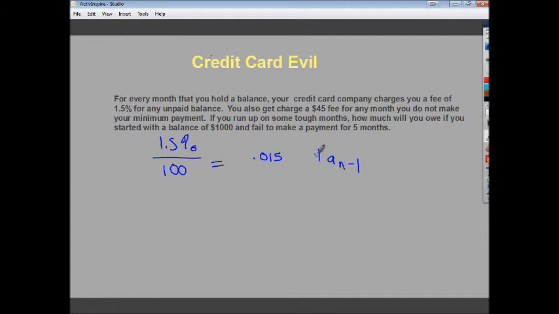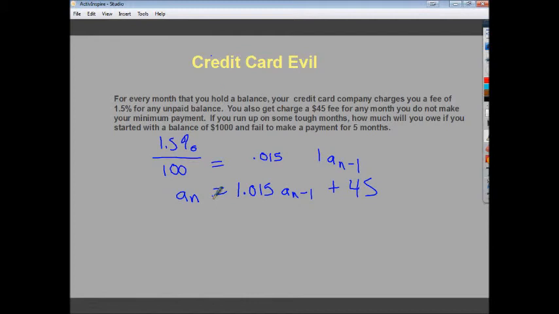I'm going to combine the 1 and the 0.015 to give myself 1.015 times a sub n minus 1, that's however much I owed, plus $45 for every single month that I don't pay, which is not very unrealistic. And of course, I should say that the n value has to be greater than 1 because there's no 0 months. It's a very generic recursive formula.